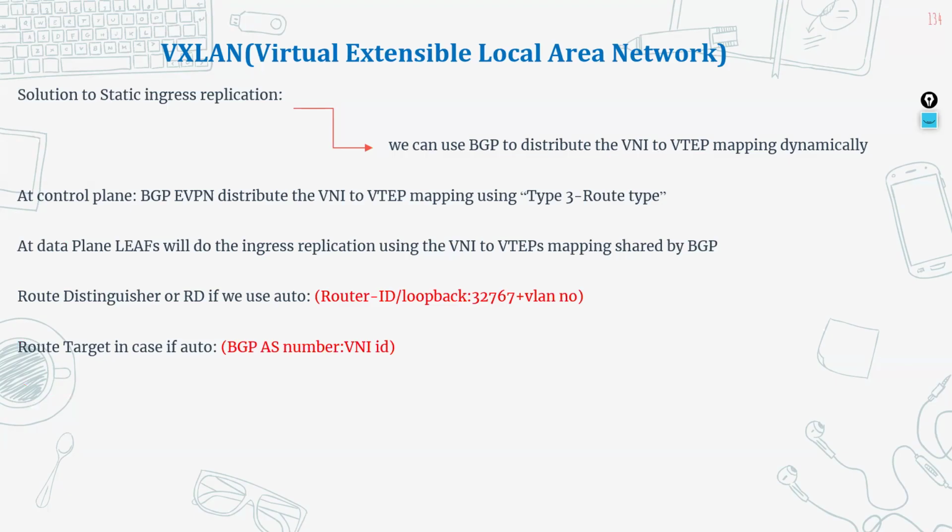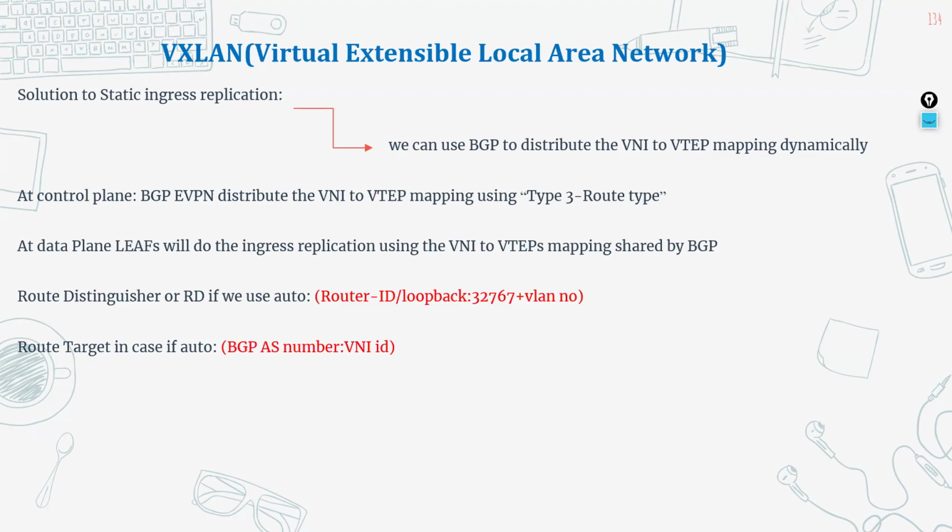There are two options. You can manually configure the RD value for each VNI: for VNI 10.10.10, you configure some RD value, and for VNI 20.20.20, you configure a different value. Or you can also use the auto option.